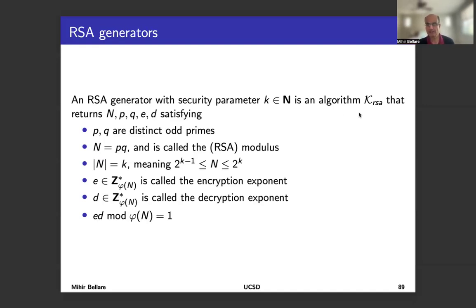So an RSA generator then is simply some algorithm which returns 5 things satisfying this property. But note that these properties don't uniquely define these 5 things, in the sense that there are many possible things that the generator could do, or many ways to design generators that would satisfy the conditions of outputting things satisfying these properties.